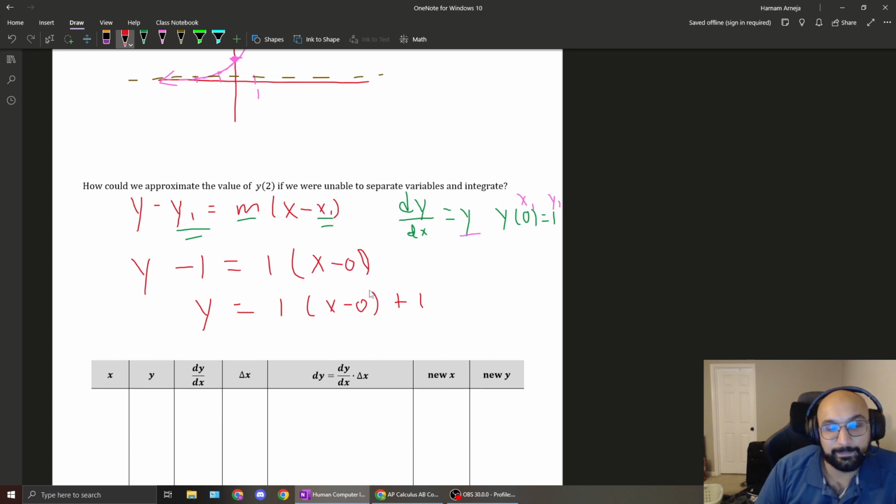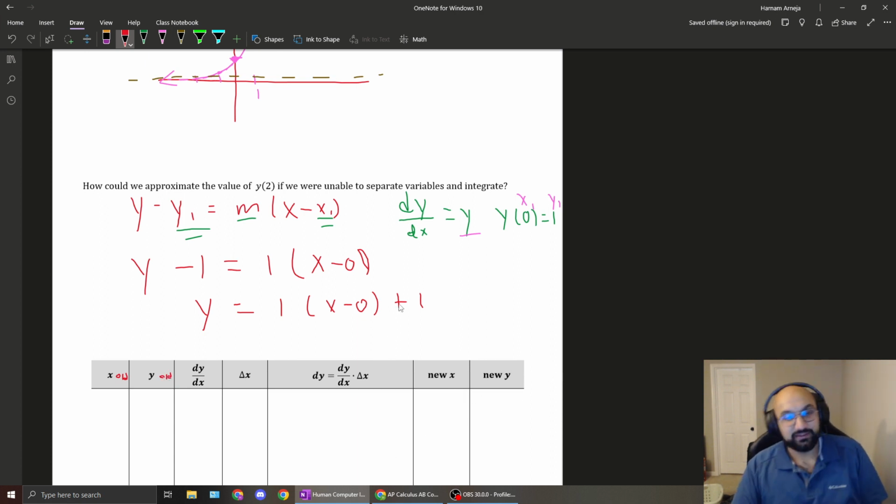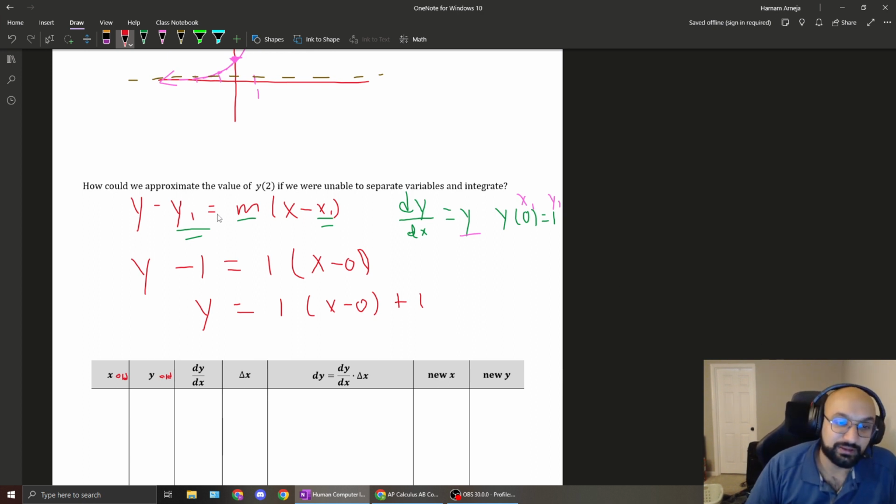So you can convert this in terms of new x, new y. These are your old previous values, and you're trying to convert both of them into their new values, new x and new y. The x1 and y1 represent the old x and y because those were provided to us.